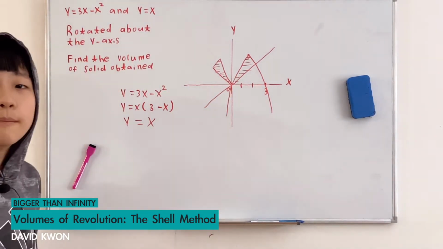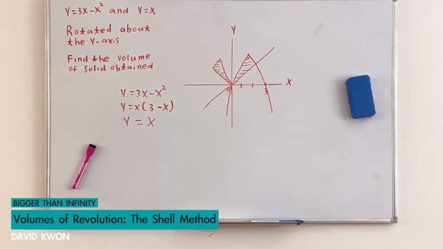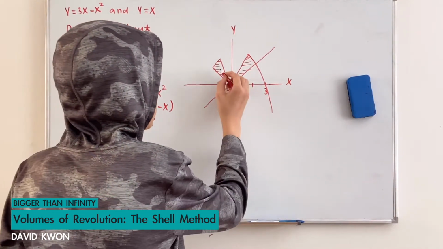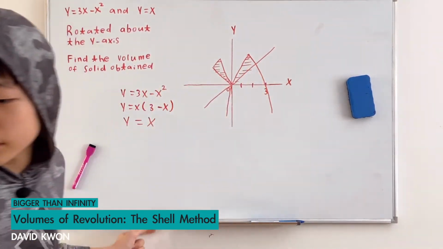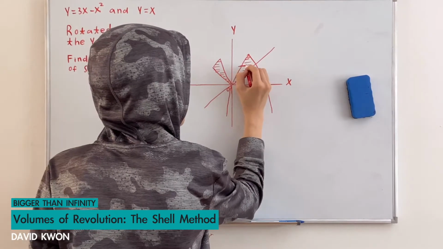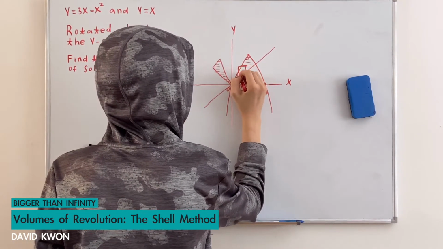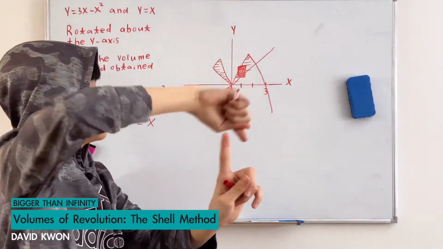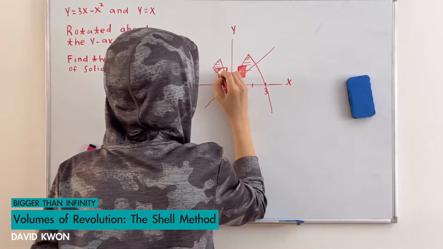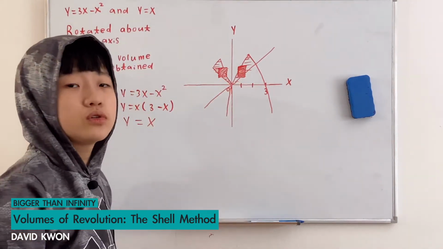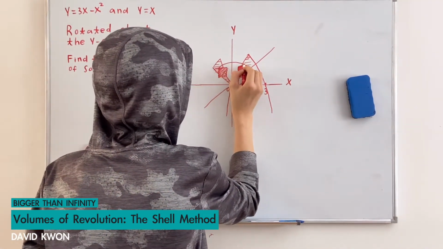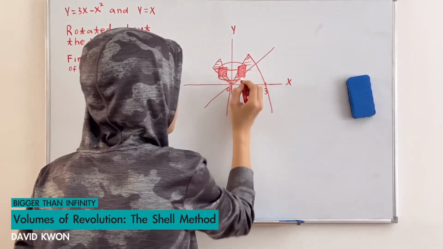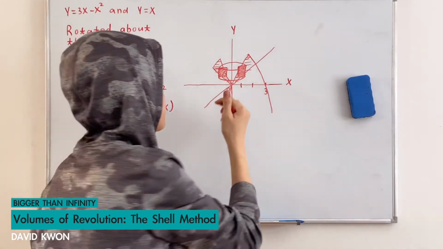We will use the shell formula. This right here, when it rotates around the y-axis, makes a cylindrical 3D shape when this rectangle rotates around the y-axis.